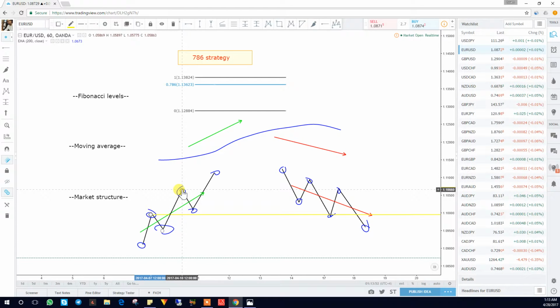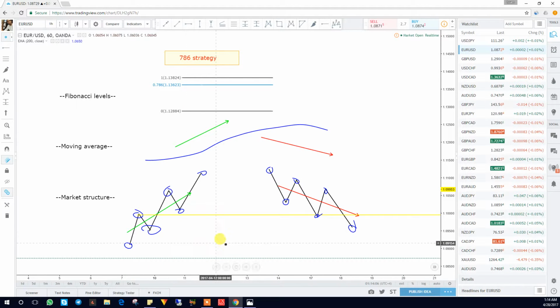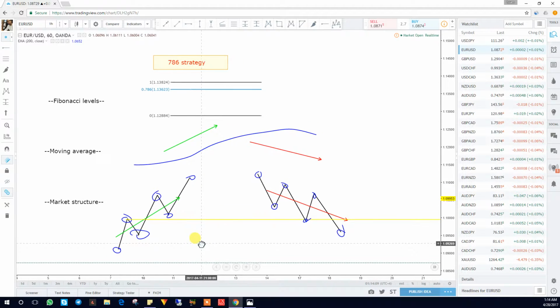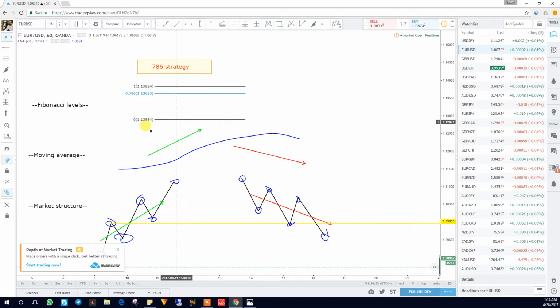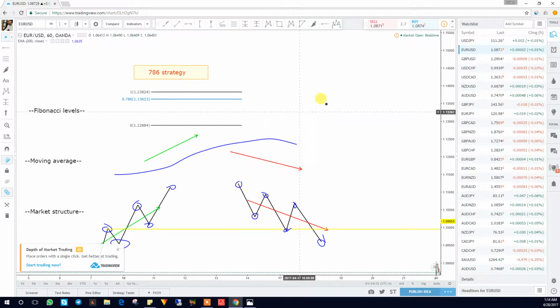Before we say that this is a higher high than this, the market should break above this level and close above it. Break and close. Well, I will give you an example of this, but before that, I'm gonna go ahead and give an example of this strategy just here.